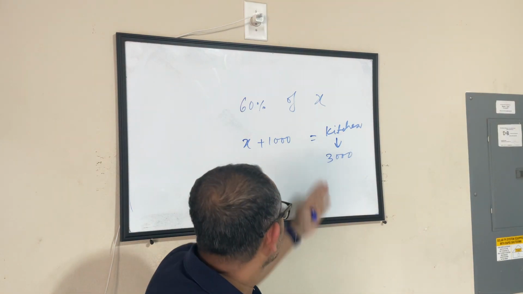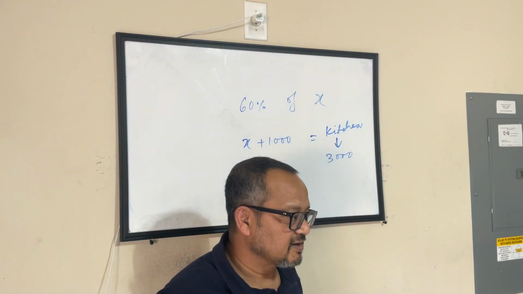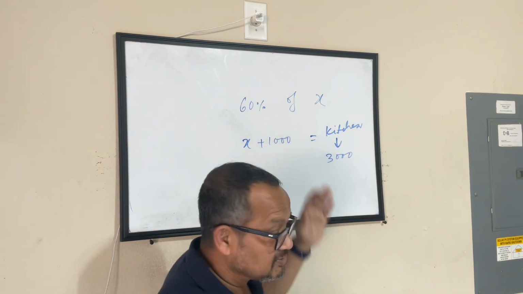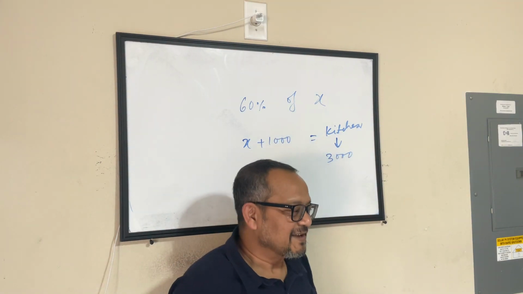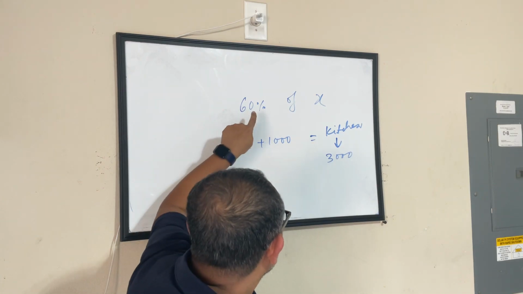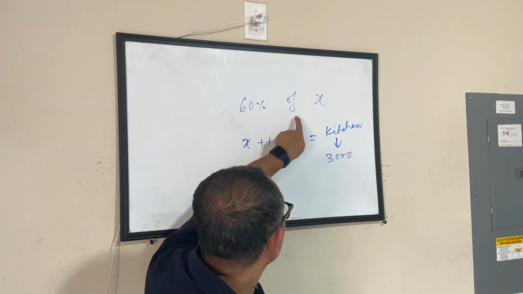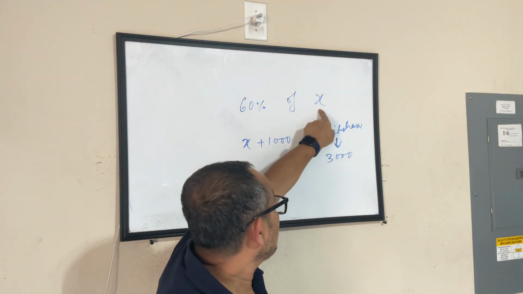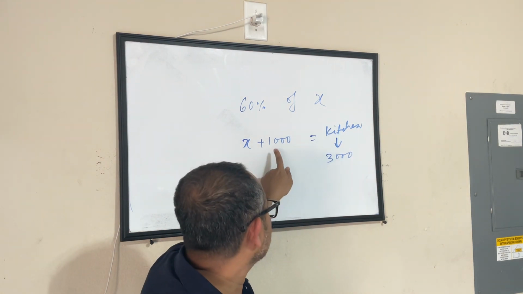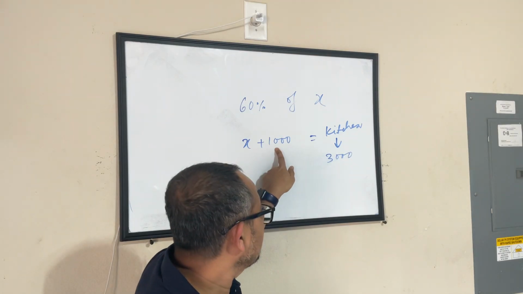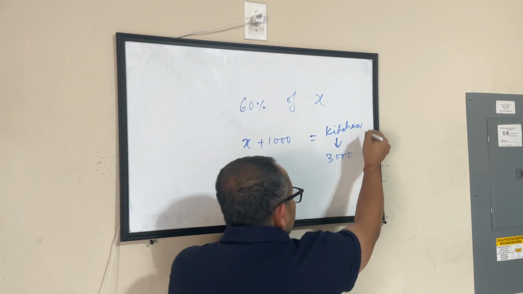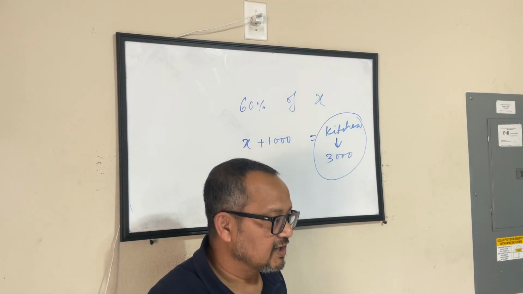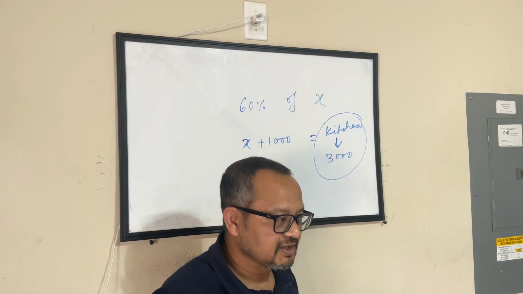Tell me how much I'm making by teaching you guys. Again, this is just an assumed number, okay? I'm not making this much, by the way. Whatever I earn by teaching you guys, 60% of that goes for a social cause. Whatever goes for the social cause, if I add $1,000 more to it, this money would be enough for me to revamp my kitchen, which needs $3,000. Tell me how much I'm making by teaching you guys.